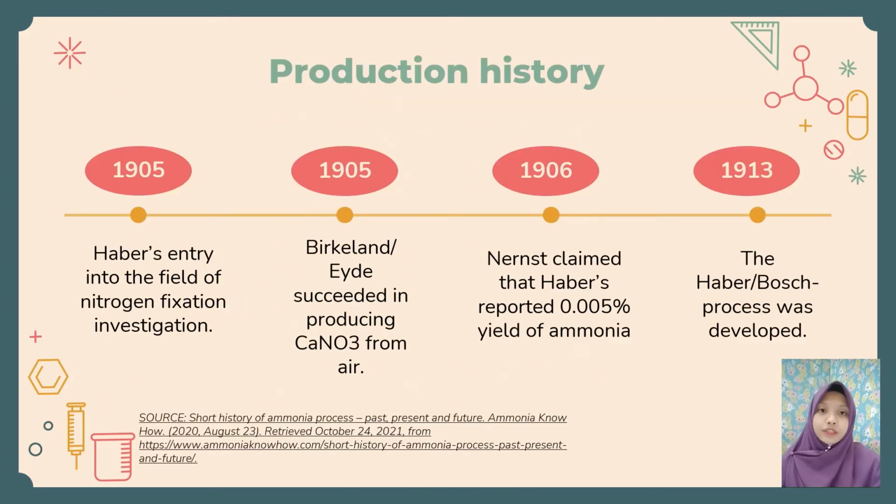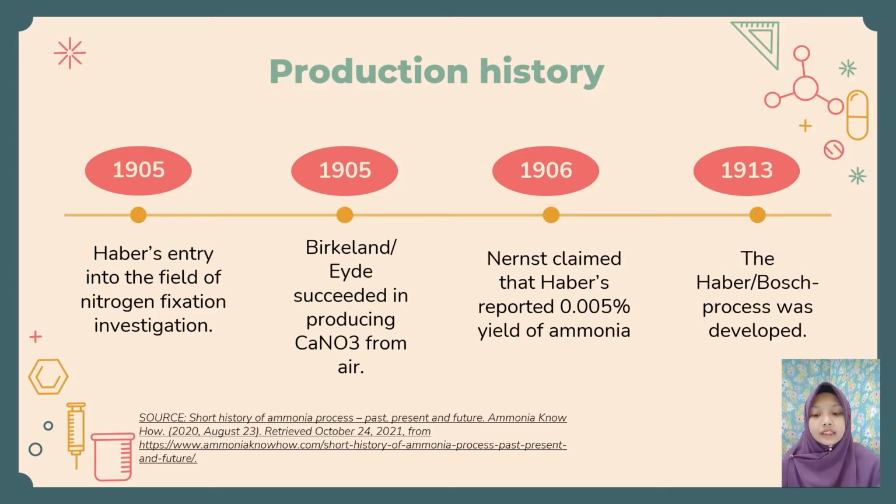We go to the production history. In the year 1904, Haber entered the field of nitrogen fixation to investigate conditions for a combination of atmospheric nitrogen with oxygen using the electric arc, or directly with hydrogen to produce ammonia. By the year 1905, Bicklin or Ike succeeded in producing calcium nitrate from the air.